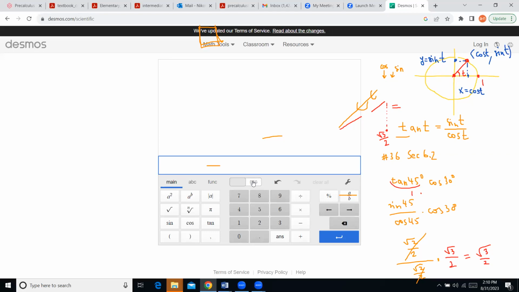Otherwise, if you have radians, of course, it'd be a totally different result. So tangent of 45. Now I can't put the symbol for degrees, but I just made this selection with the word degrees. And also notice this is equal to 1, and that's what we just figured out when we were able to cancel sine, cosine. So it is helpful, of course, to use a calculator.